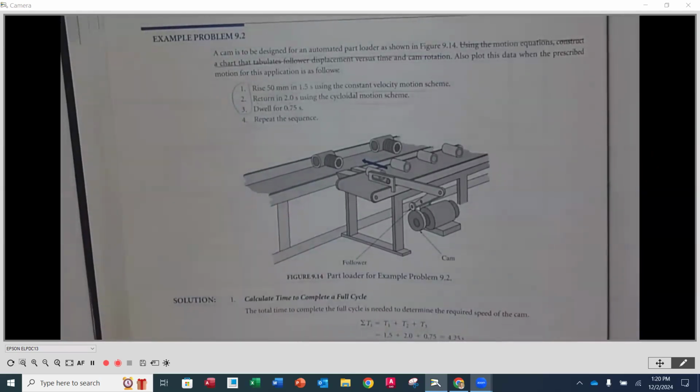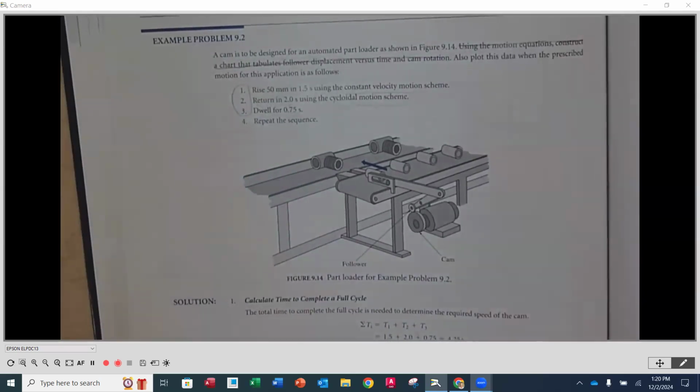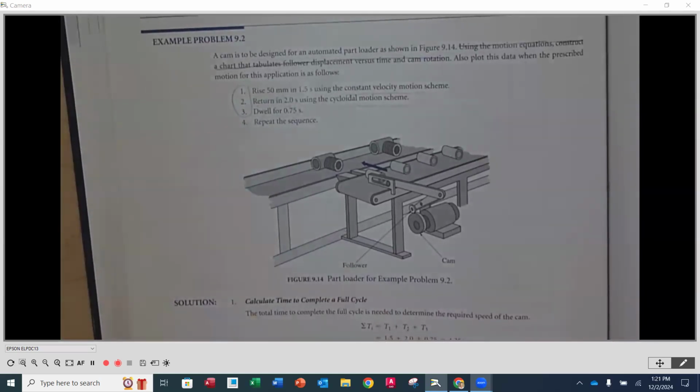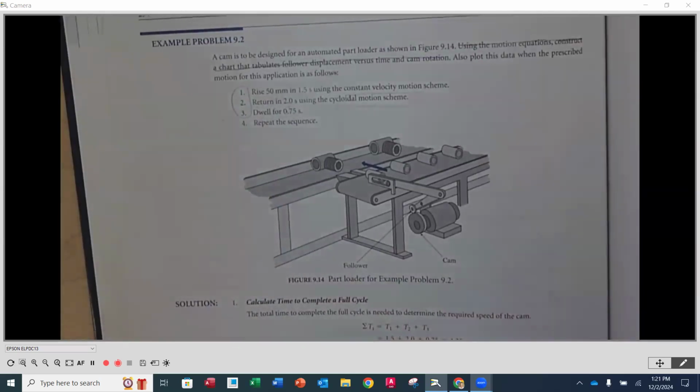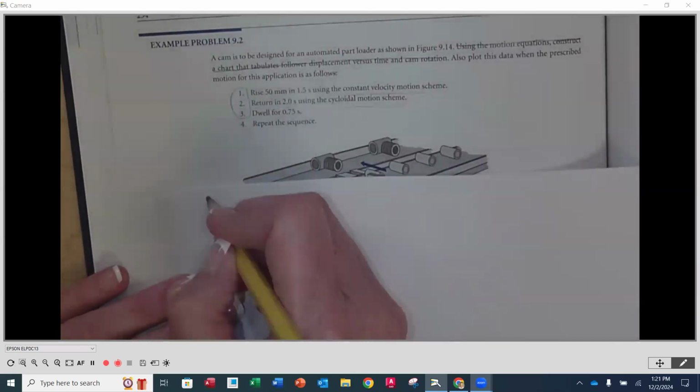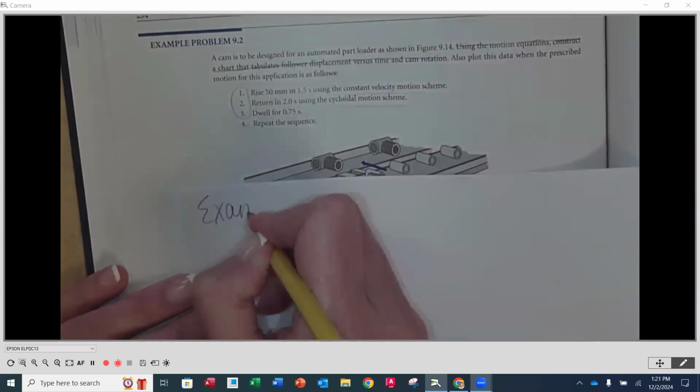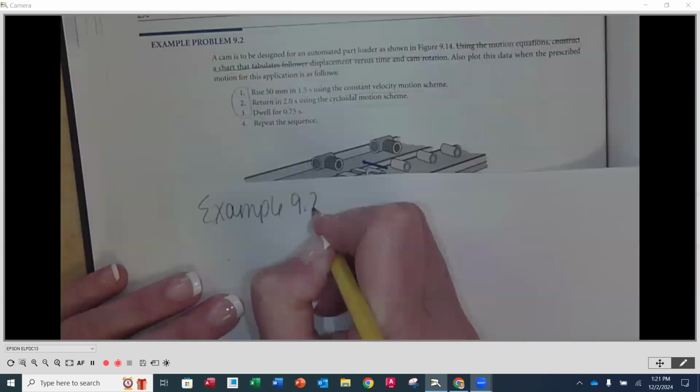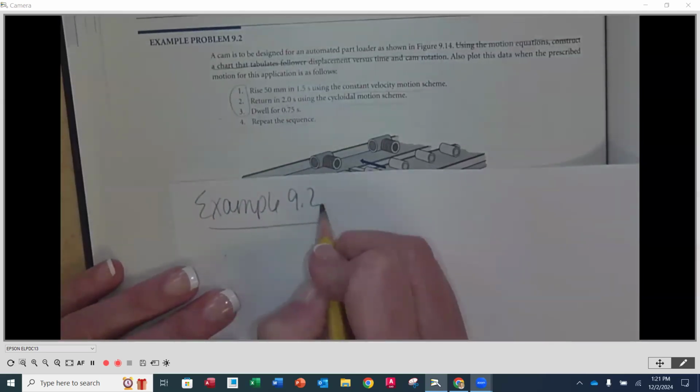Okay. So first things first, we're going to first calculate what is the total time in that cycle. We're going to calculate our betas. And we're going to calculate the rotational speed of that cam. And then we'll look at how we would actually construct the displacement diagram. So example 9.2, okay?